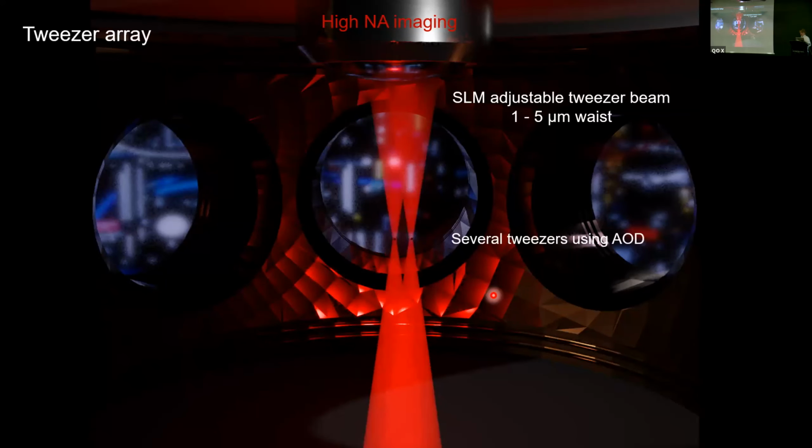Then we can also use an acousto-optic deflector to create several of these little dimples simultaneously. We can now prepare individual samples in each of these dimples. For example, and that's the first experiment I'm going to show, we can prepare one atom in each of the two dimples that you see here.